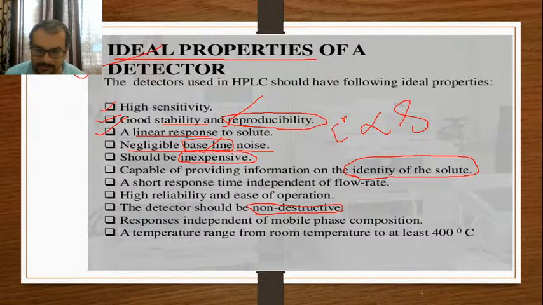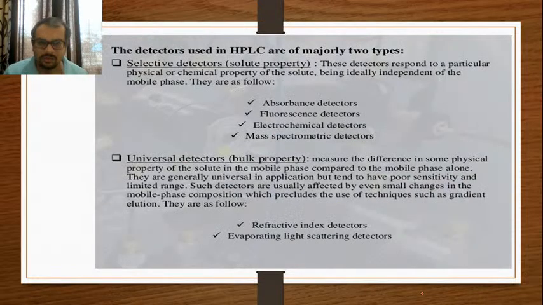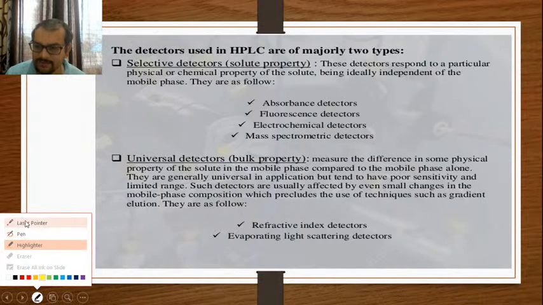I'm going ahead. Okay. Now, the detector systems which are used in case of HPLC are majorly divided into two types, depending upon the properties of the analyte to be separated.